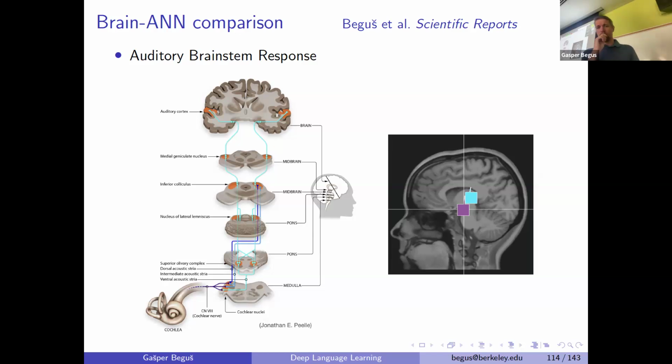And what you can do is catch the electric activity in the brainstem as you're hearing the sound of language.